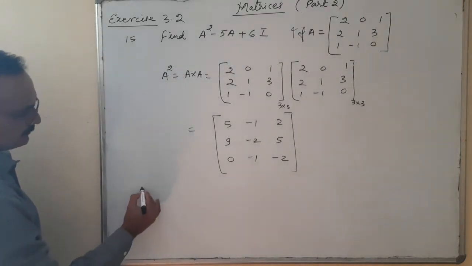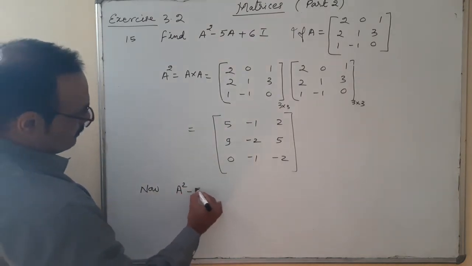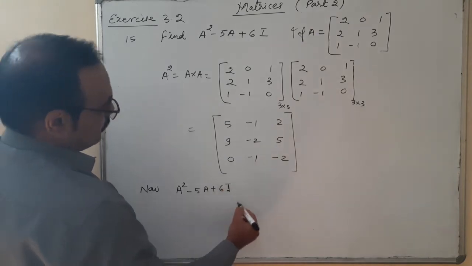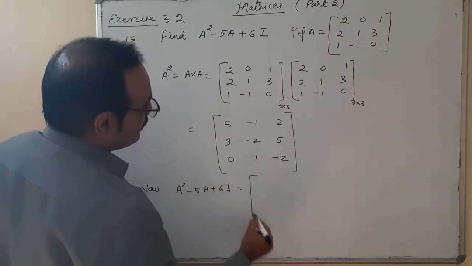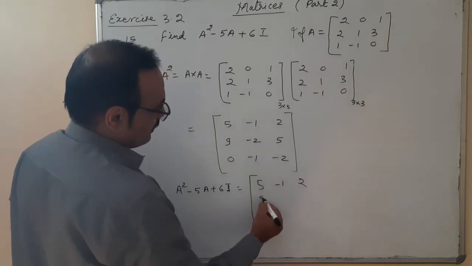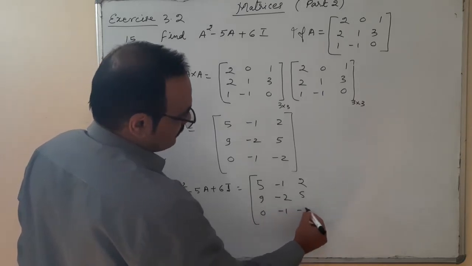Now, A squared minus 5A plus 6I. What does it mean? The value of A squared is 5 minus 1 2, 9 minus 2 5, 0 minus 1 minus 2.